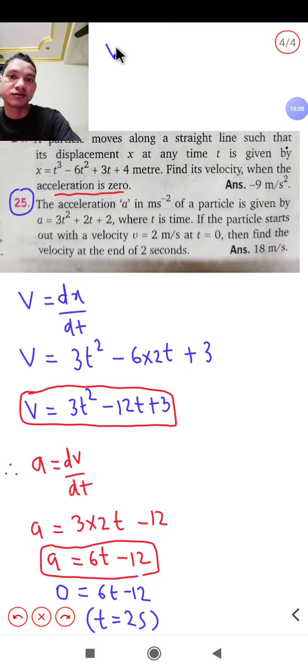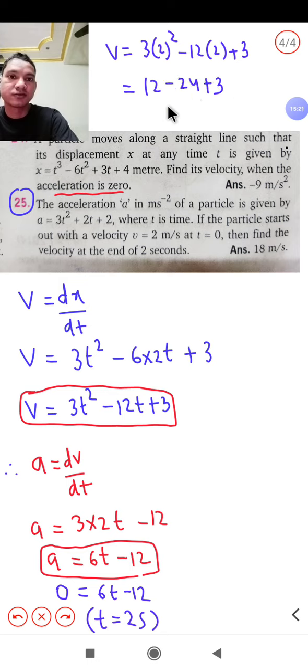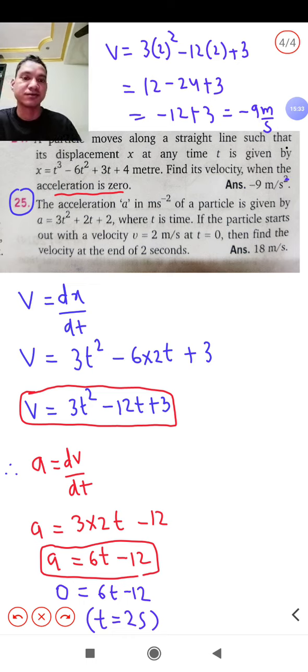So let me solve it here: 3 times 2 square minus 12 times 2 plus 3. 2 times 2 is 4, times 3 is 12, minus 24 plus 3. This will be minus 12 plus 3, and that will be minus 9 meter per second. This is the expression for velocity, so it will be minus 9 meter per second.